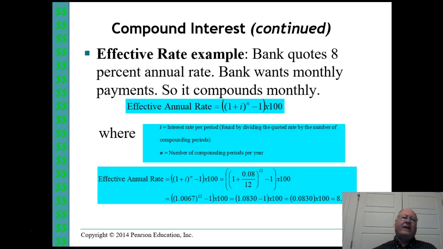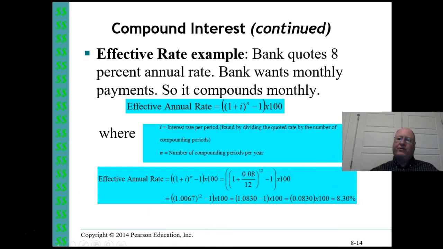And an effective rate example: a bank quotes an 8% annual rate, but the bank wants you to pay that annual rate monthly, so it compounds monthly. And what it actually does is your effective rate that you wind up paying over time is more than 8%.